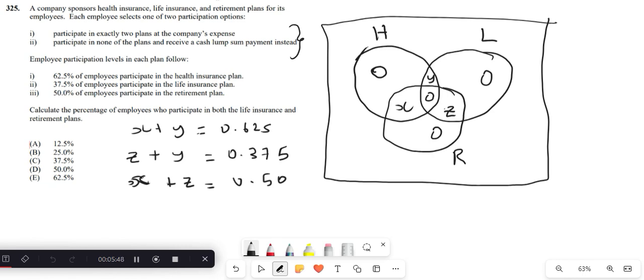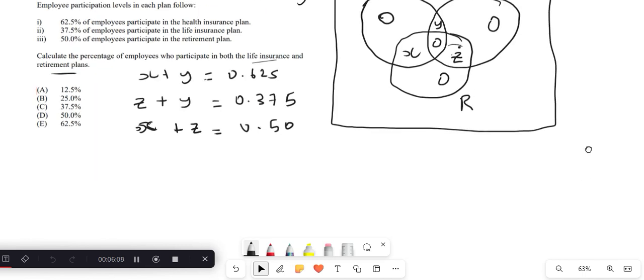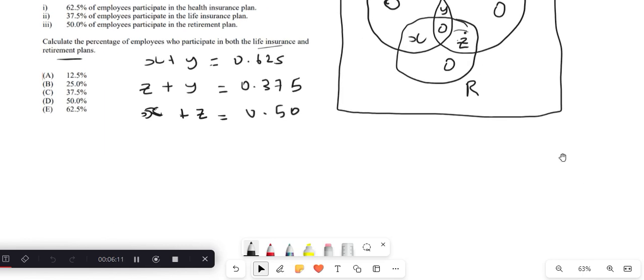And remember, the goal is to find out what Z is, because they ask us to calculate the percentage of employees who participate in both the life insurance and retirement plans, and that is right where Z is located. So I'm going to solve for Z using these two equations.